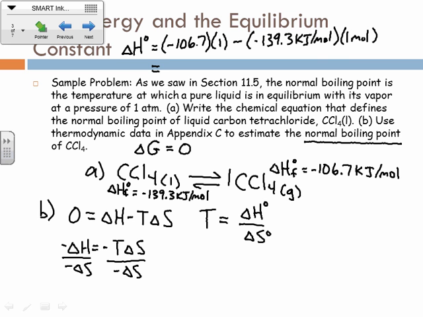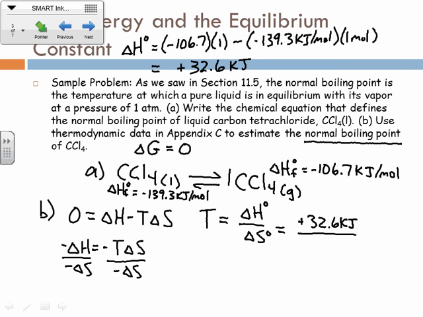Would you expect it to be negative or positive, just before we even figure this out? We have to put energy into this to change it from a liquid to a gas, so we would expect our delta H to be positive. It ends up being a positive 32.6 kilojoules. So there's our delta H, and I'm going to write that down here, plus 32.6 kilojoules.